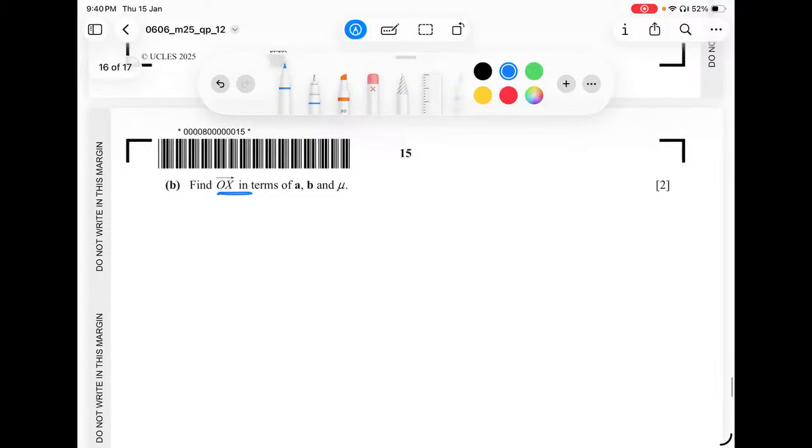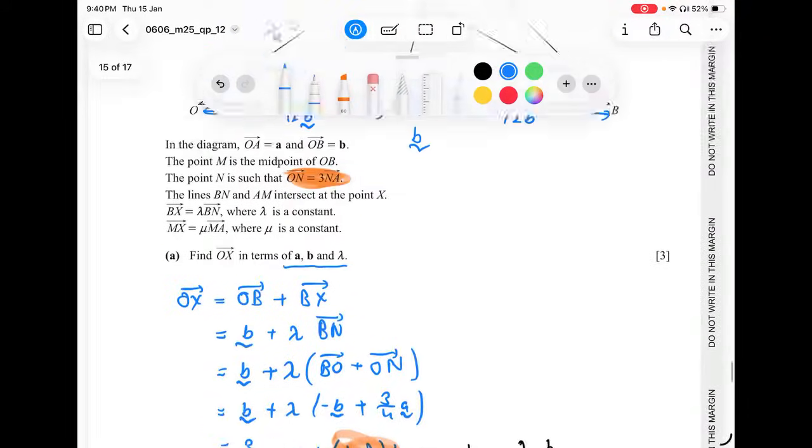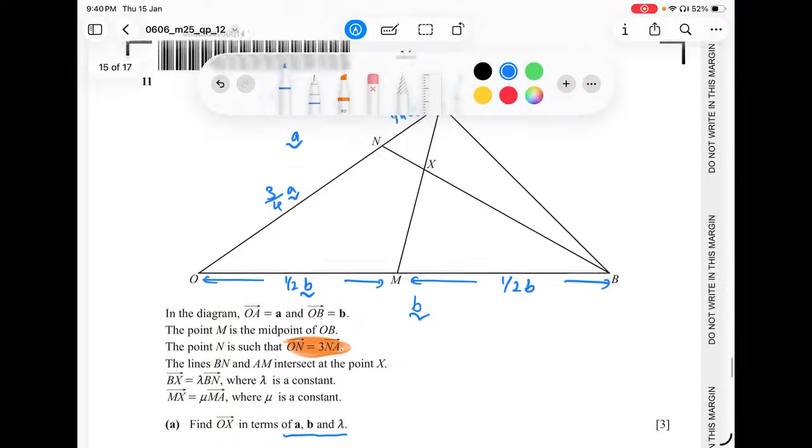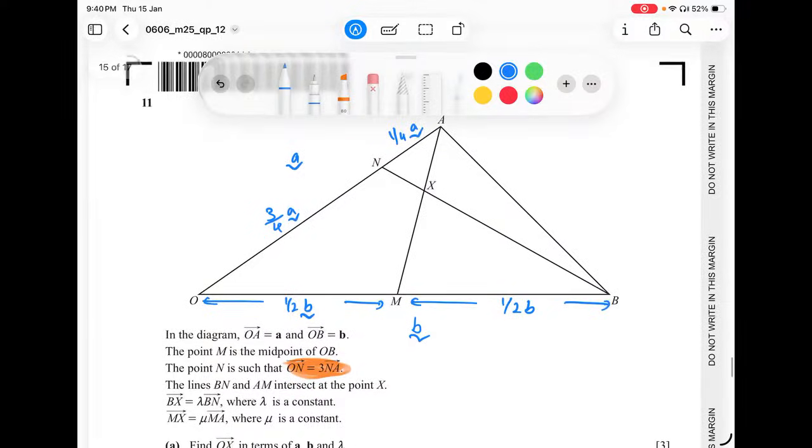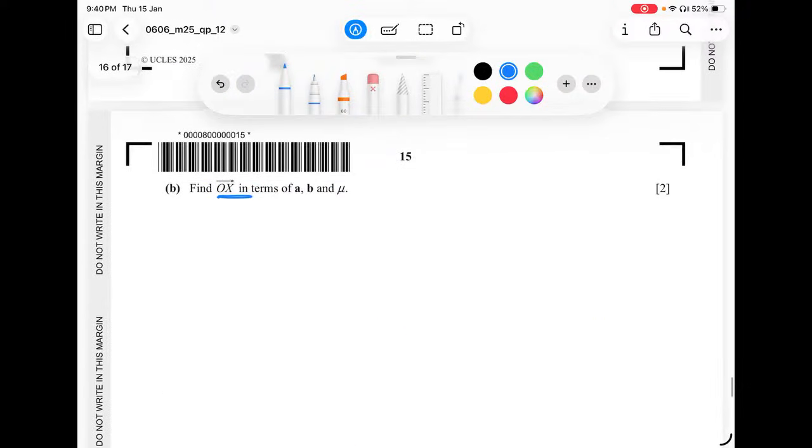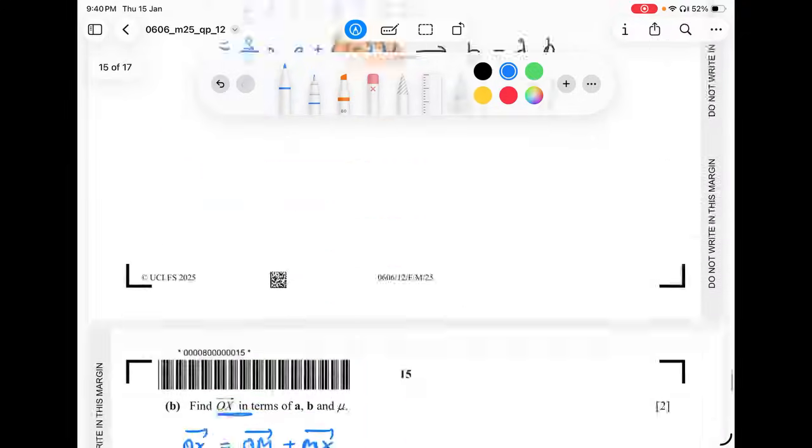Part B, find OX in terms of A, B, and mu. So mu is contained in MX. So OM plus MX. You can think of OX like that. OM plus MX. So OM is half A. Oh no, half B, sorry.